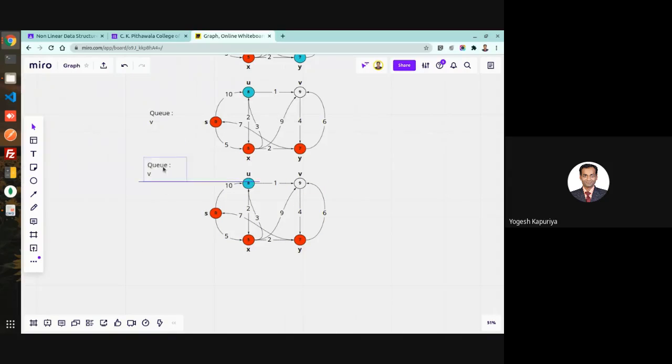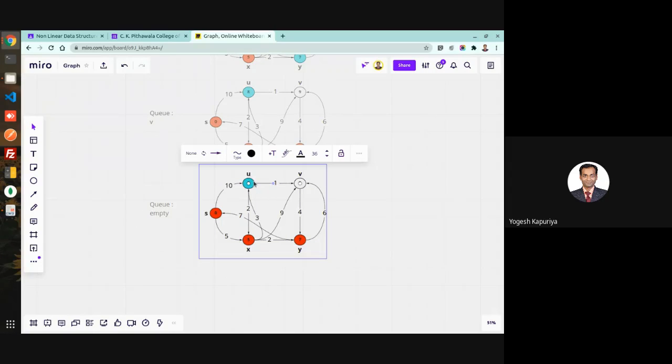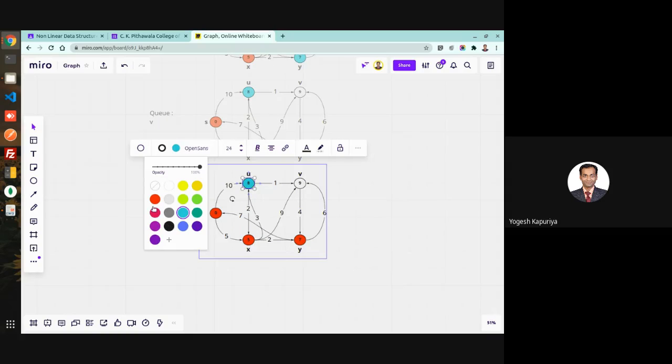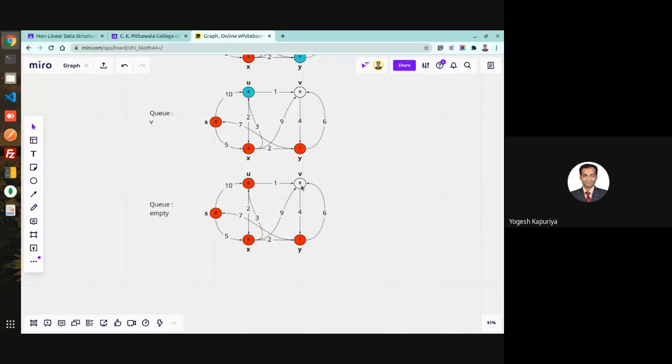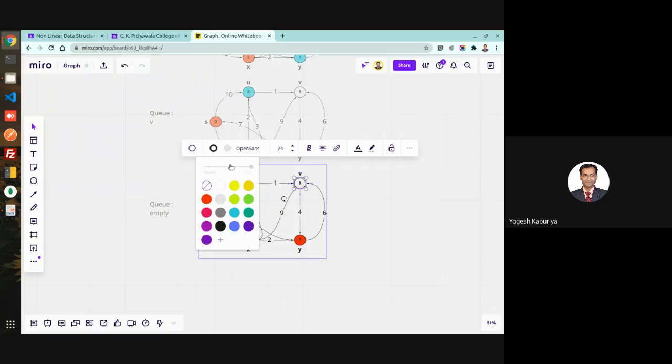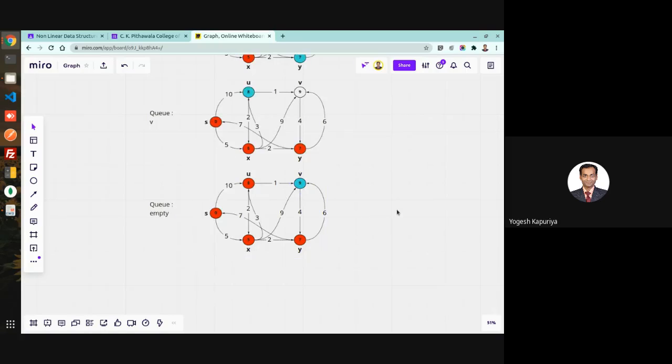So now there is only one vertex inside the queue. That means my queue does not contain anything now. So queue is empty. This is processed. And V is extracted.